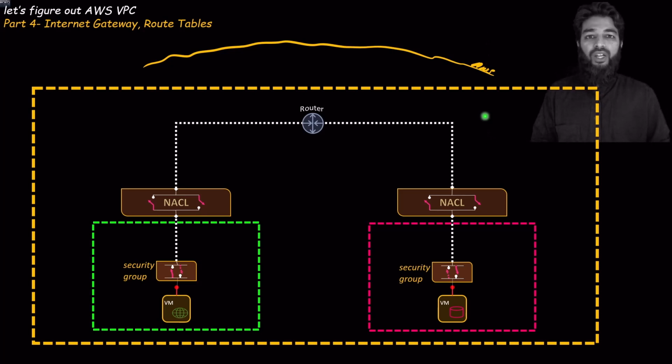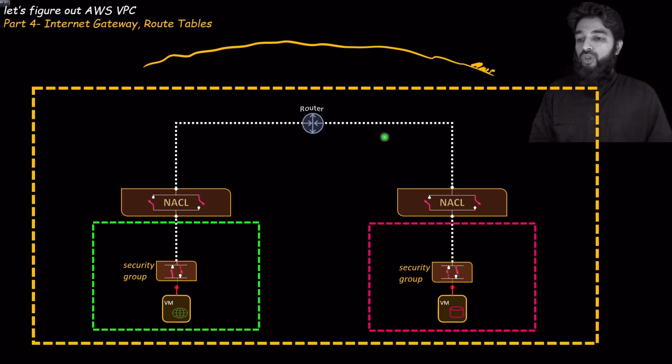Likewise, at the subnet level, there is one more security component called a network ACL. Again, a network ACL has a set of inbound rules and outbound rules that control the traffic flowing in and out of the subnet. So this is where we were till our previous video.